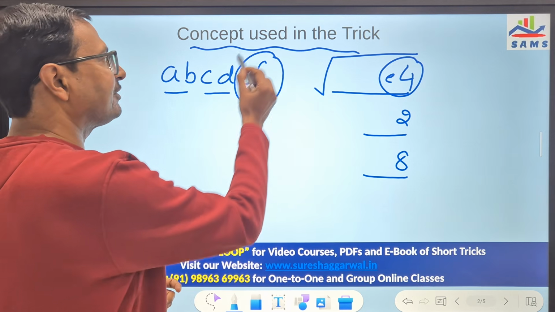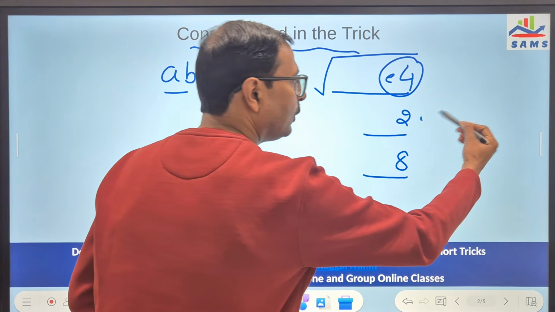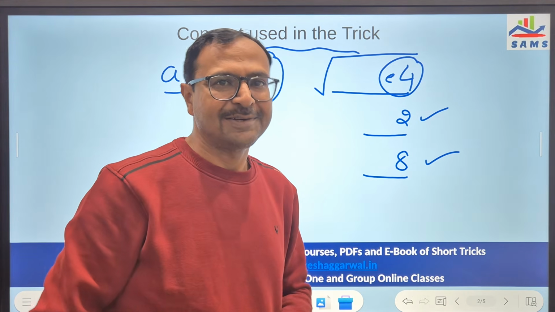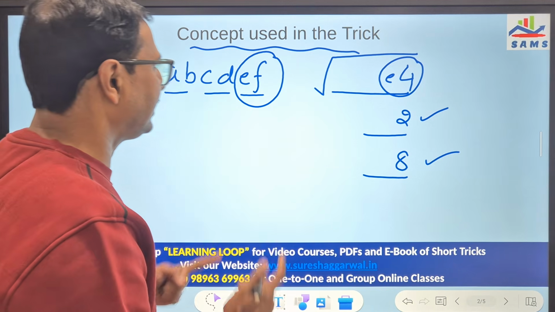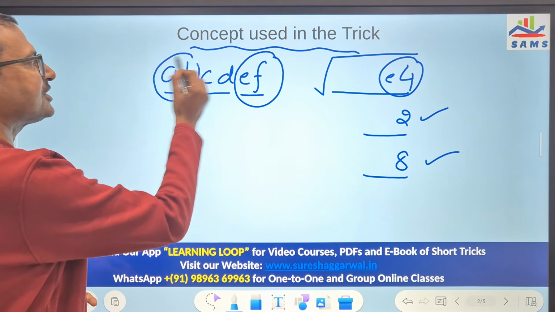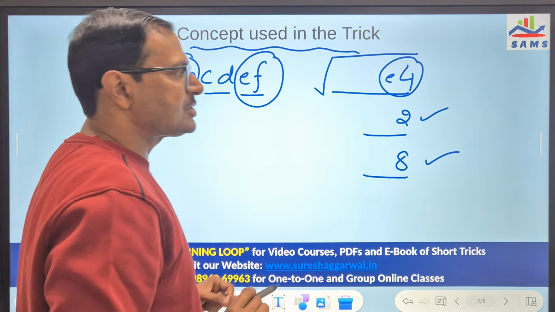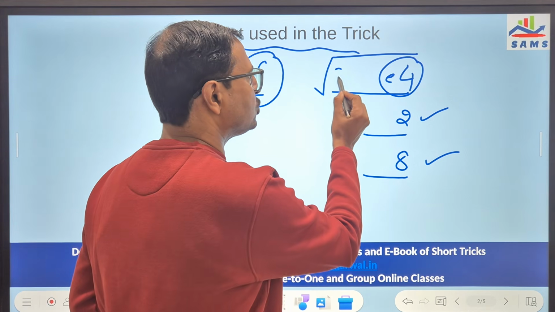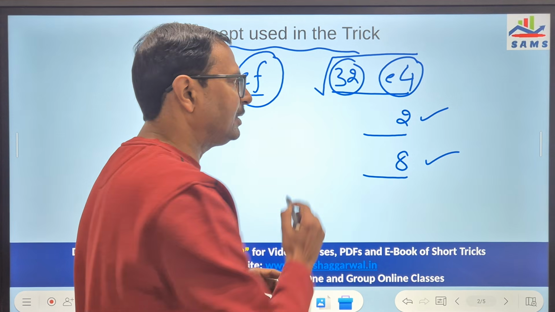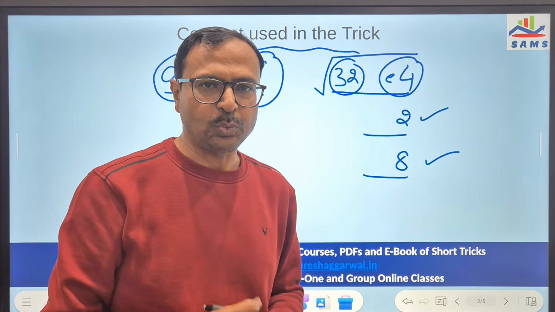So what is the role of the last pair? It gives you two possible unit digits. That is one thing. The second thing, we will talk about the first pair, AB. Now suppose AB is 32. I am just taking an example, the first two digits being 32.